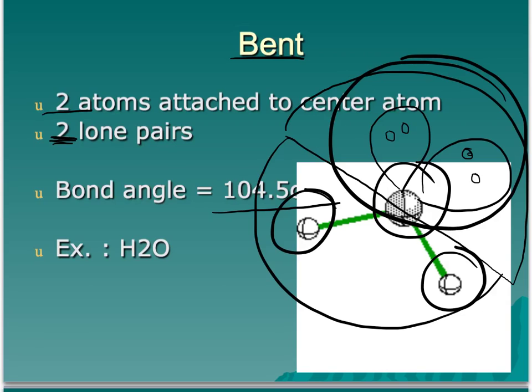So an example of this would be H2O. H2O is a bent molecule. I'm just going to redraw it since I made a mess on that other one. So you'd have one O and then two H's attached to it. And then there'd be lone pairs out here.